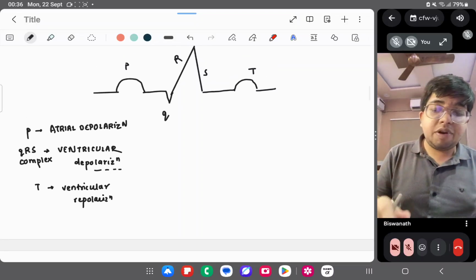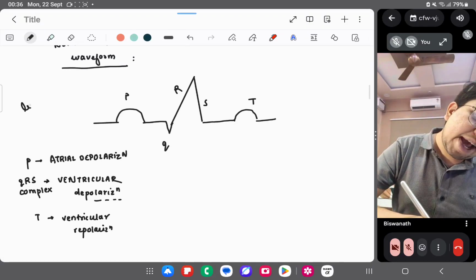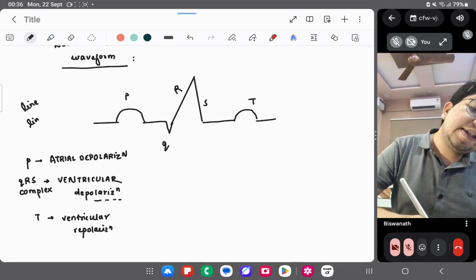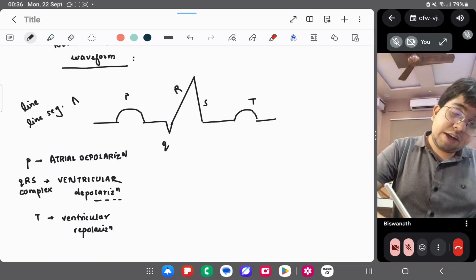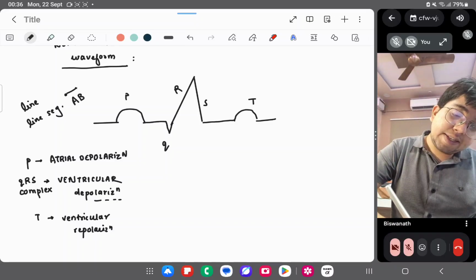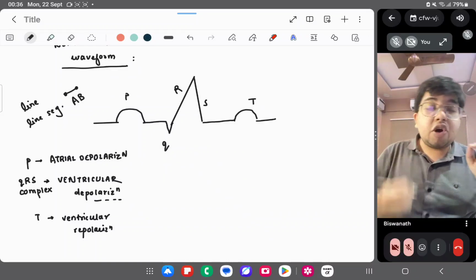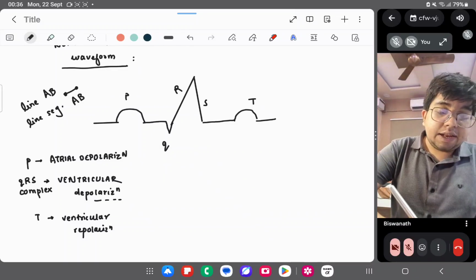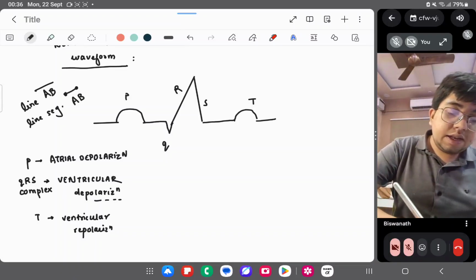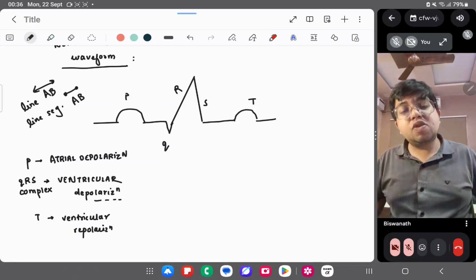You must have been taught the concept of a line and a line segment. Whenever you wrote segment, you put dots A to B, line segment. Whenever you say line, then you draw like this, with nothing specific.